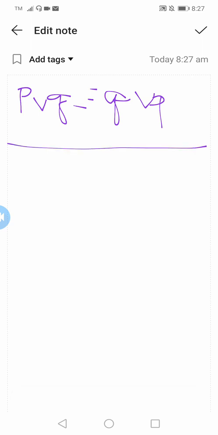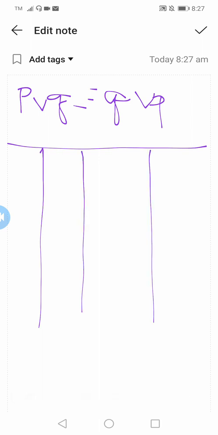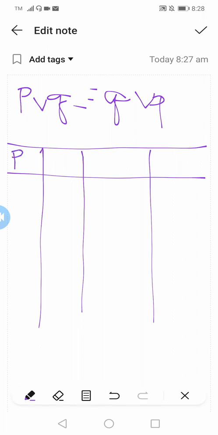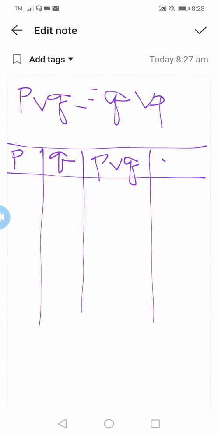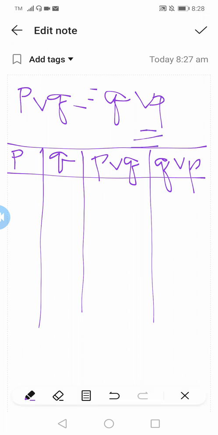So we'll be having four columns to show the truth table of this equivalence, which is the commutative property. So we will be putting the truth values of your P, the truth values of your Q, and the truth values of your P or Q and your Q or P. Now take note that our target is to come up with equal third and fourth columns.